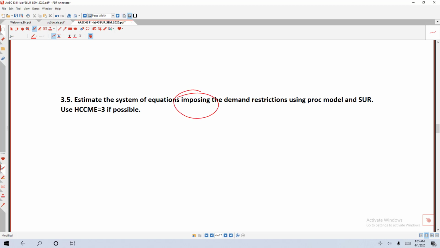Now, you might be wondering, okay, so you are telling us that you test, but if we reject those hypotheses, what do we gain by estimating a demand system imposing something that we find there is statistical evidence that those restrictions are not satisfied? Well, we need to impose the restrictions if we want to do some further analysis, especially if we're interested in doing welfare analysis.